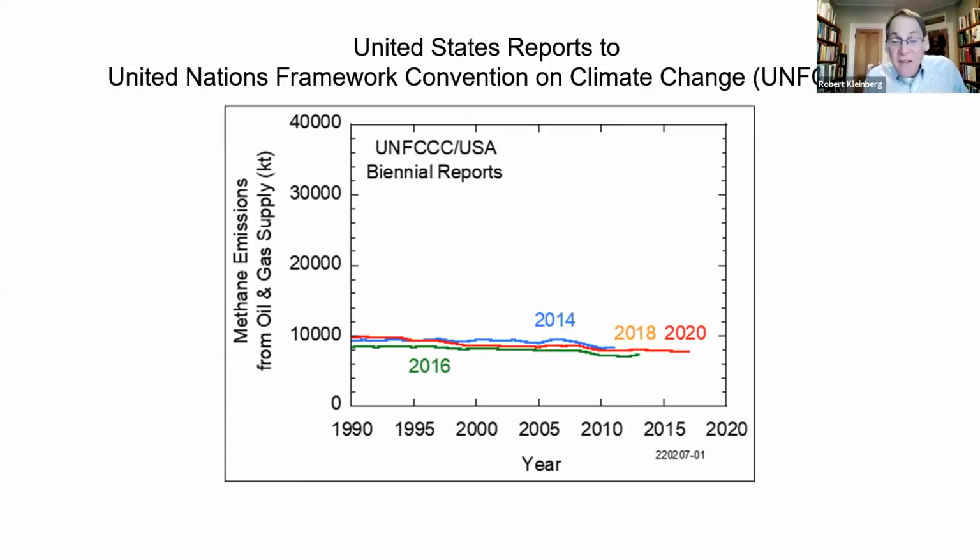But you can see that, as I've told you before, U.S. methane emissions, according to the EPA, have been declining steadily but slowly since 1990, a few tenths of a percent per year. And then every year, the emission factors are recalculated, so you get these different lines. The activity factors basically remain the same. So that's the situation with the United States.